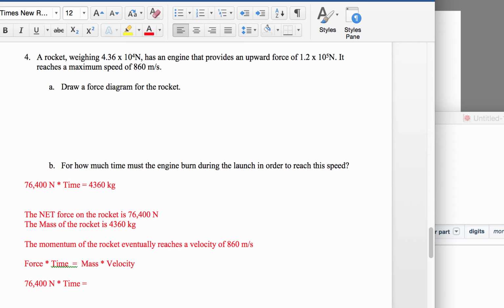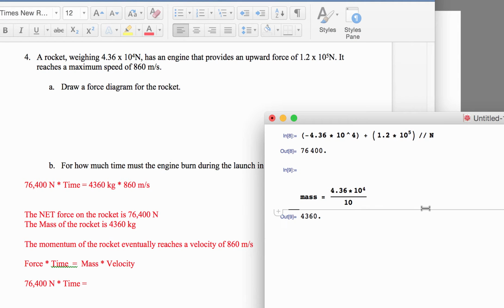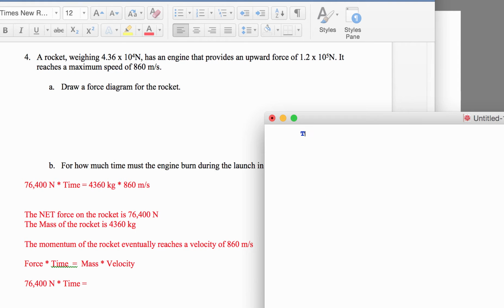And that's the mass times the velocity, and the velocity is 860 meters per second. So we want to solve this for time. That means if we want time by itself, we've got to divide both sides by this force of 76,400. So time equals 4,360 times 860, all divided by 76,400.